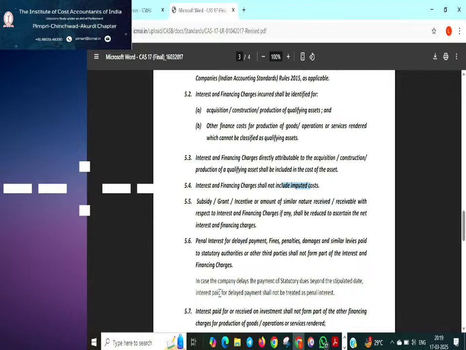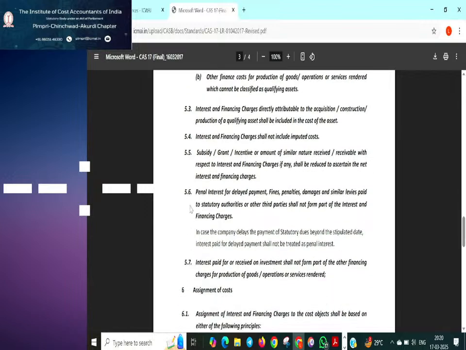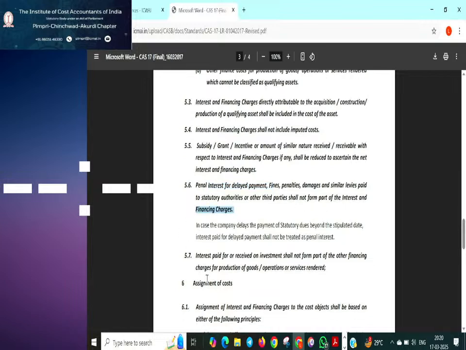So here, if the company delays the payment of statutory dues beyond the stipulated date, interest paid for the delayed payment shall not be treated as penal interest in this case. Penal interest for delayed payment, fines, penalties, damages and similar levies paid to statutory authorities or third parties shall not form part of the interest and financing charges.